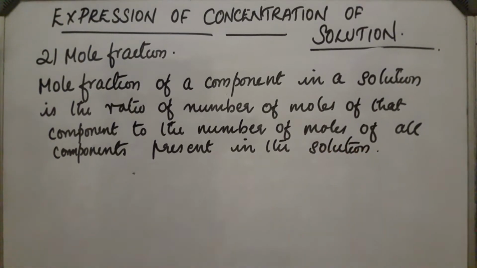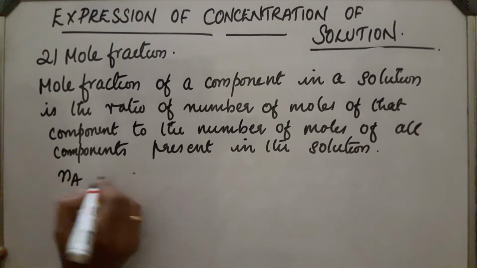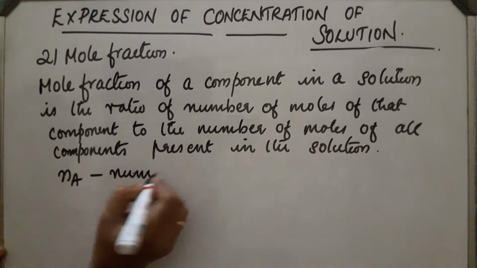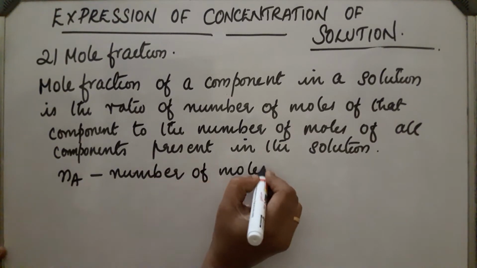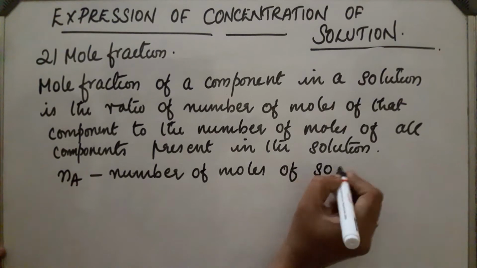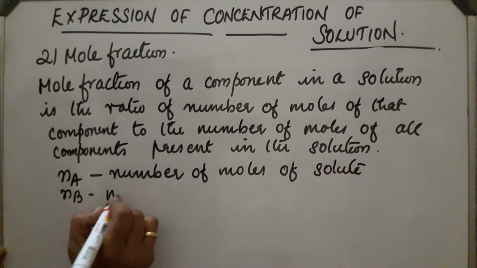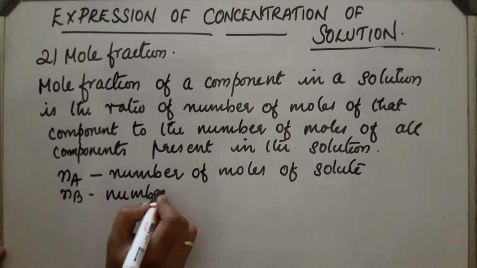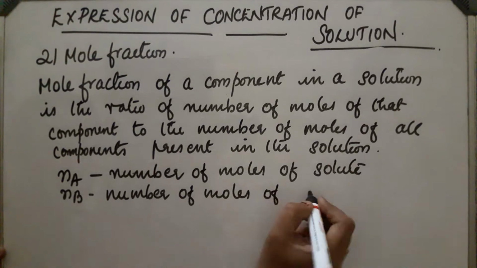Now suppose A represents the solute and B represents the solvent. Na represents the number of moles of solute and Nb represents the number of moles of solvent.